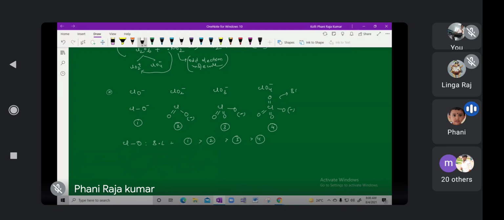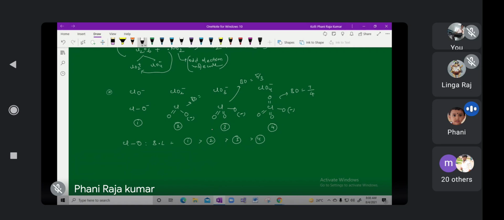Suppose I am asking bond order here. Then for this perchlorate ion, total 7 bonds are there, so 4 surrounding atoms, 7 by 4. And here bond order is equal to 5 by 3.